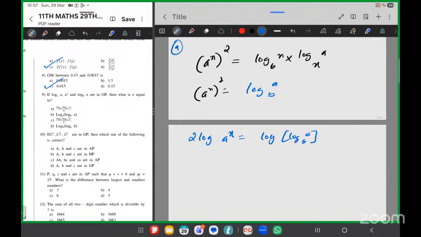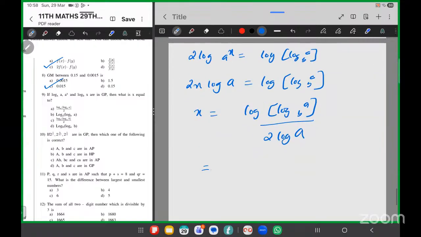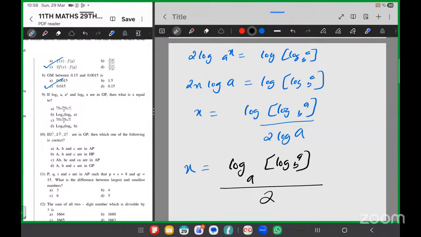Then I can write 2x log a is equal to log of log a to the base b. So x becomes log of log a to the base b divided by 2 log a. By the base changing rule, this is equal to log of log a to the base b, to the base a, divided by 2.